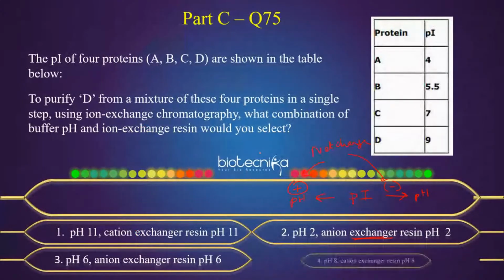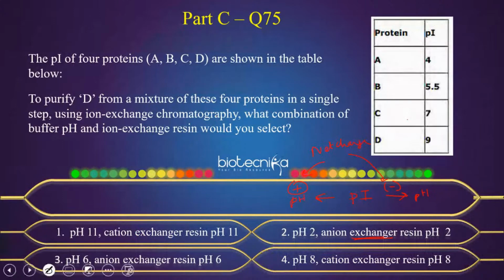So obviously what I want over here is, if you look at the pI values, all of them, 4, 5, 5.57, are below 9. Because we have to purify D, consider the pI value of D, which is 9. If you take a pH below 9, what will be the net charge on D?